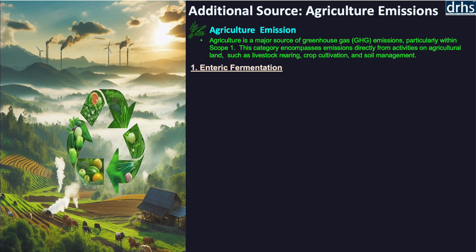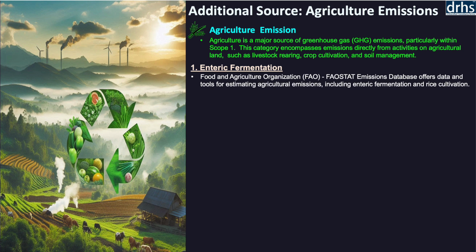Methane is a potent greenhouse gas with a global warming potential approximately 28 to 34 times greater than CO2 over a 100-year period. Enteric fermentation is one of the largest sources of agriculture greenhouse gas emissions.